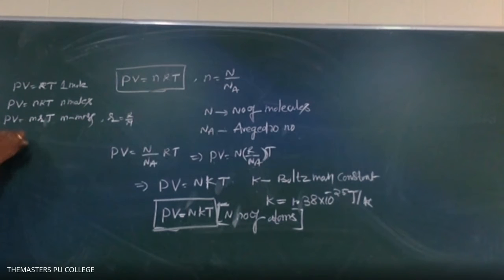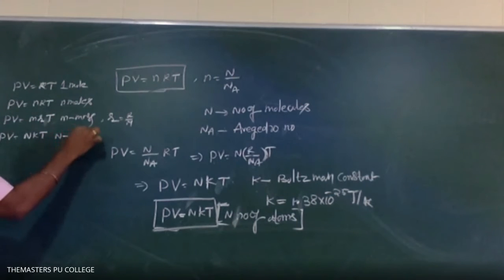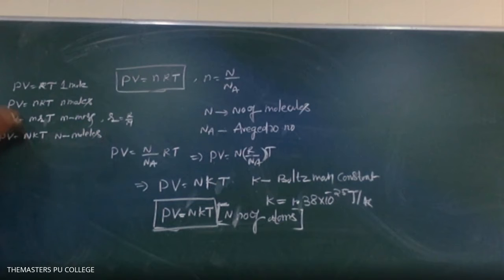Similarly, we get PV equals NKT. This is for N number of molecules. So for n moles I wrote PV equals nRT. For 1 mole I got PV equals RT, and for N number of atoms I got PV equals NKT. Then for 1 molecule, PV equals KT. Understand this point? N is the number of molecules.